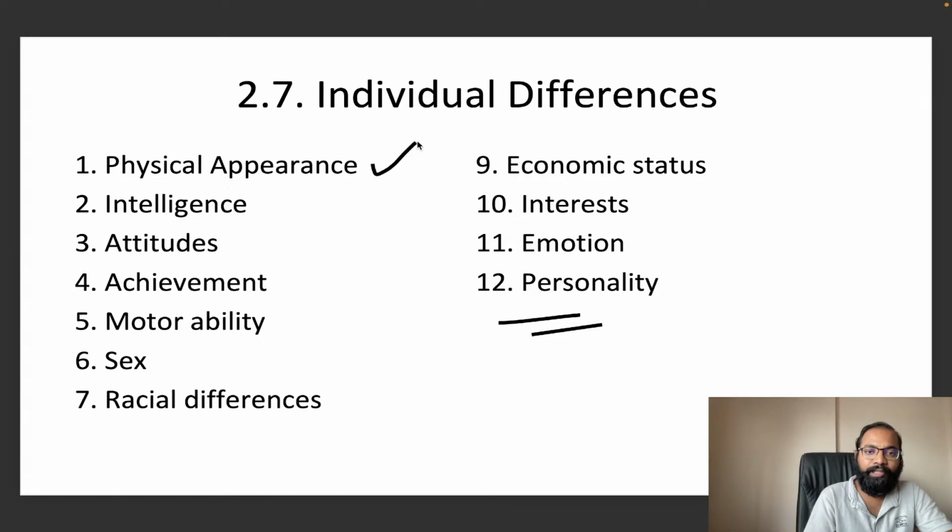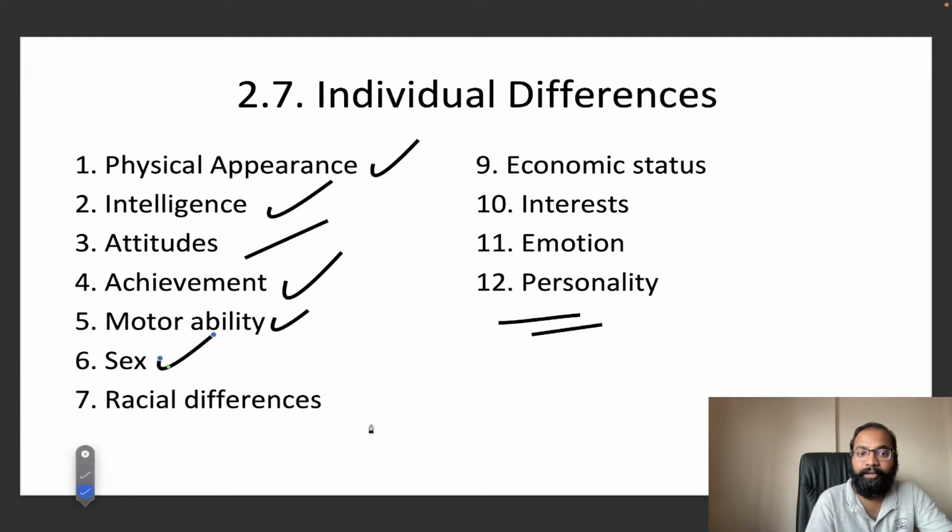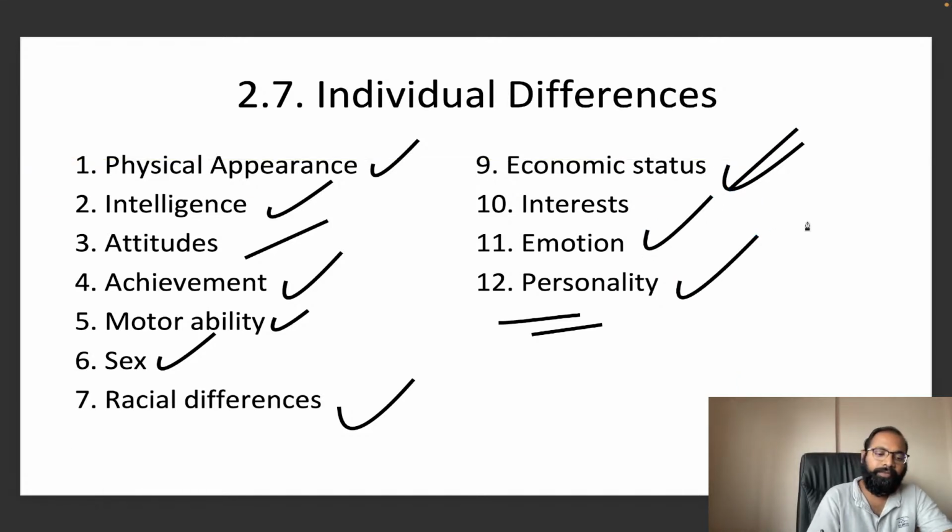The difference between two candidates will come from physical appearance, intelligence, attitudes, achievements, motor ability, sex or gender, racial differences, meaning their traditions and culture, economic status, their interests and emotions, and their personality. So as per these 12 different points of view, we can differentiate the students, right?